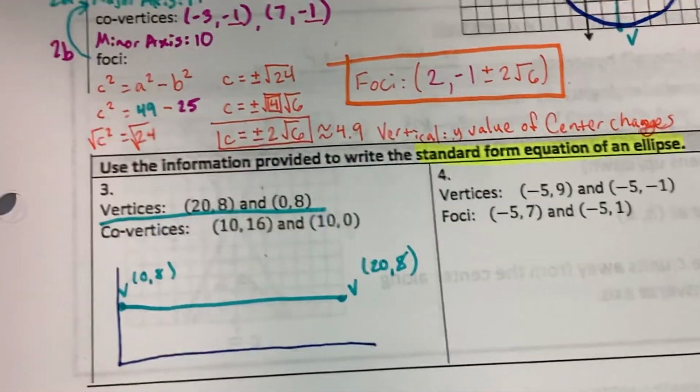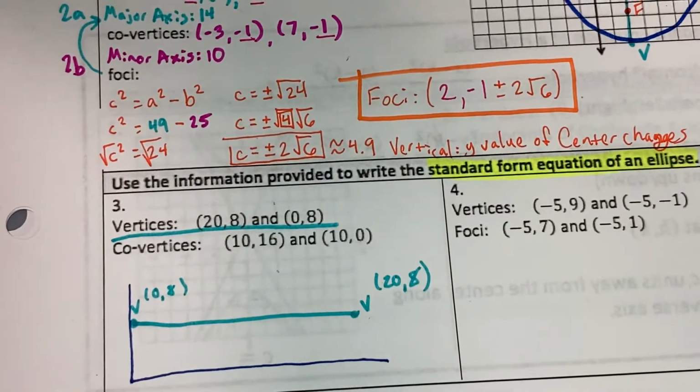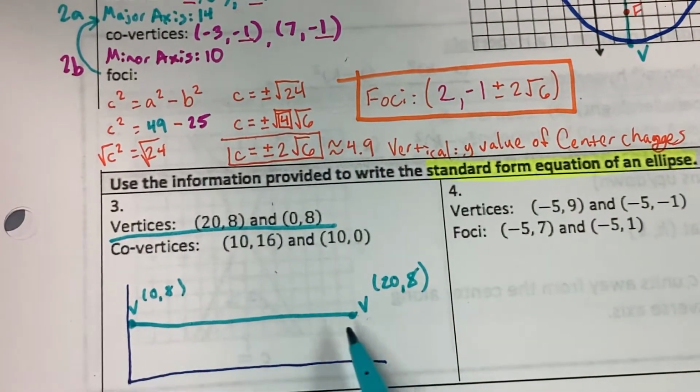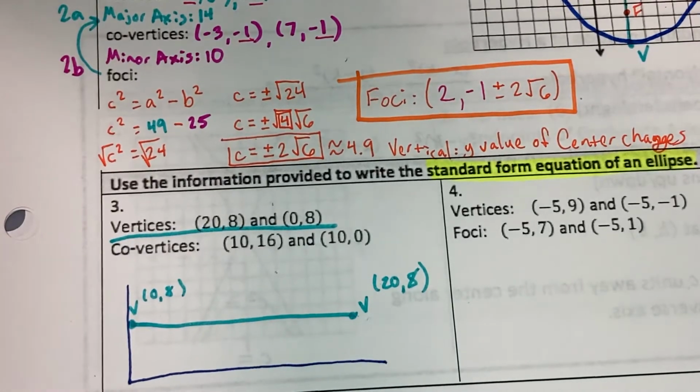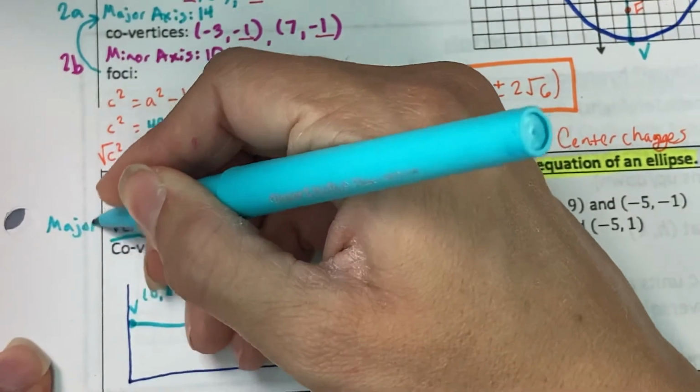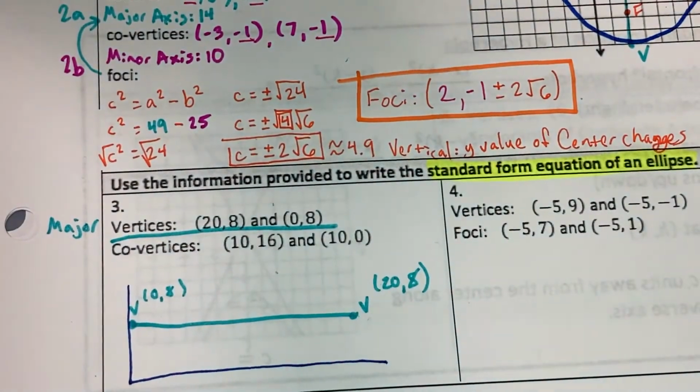Just based on this rough sketch, what can we tell about our ellipse? Well, if these are the vertices, that means this is the major axis or the longer axis. So what that means is that this is a horizontal ellipse.